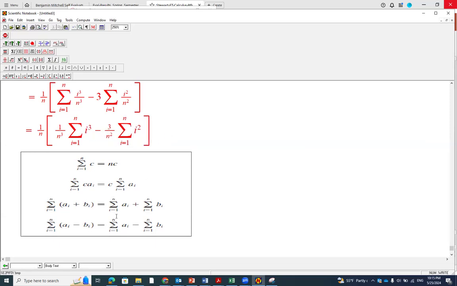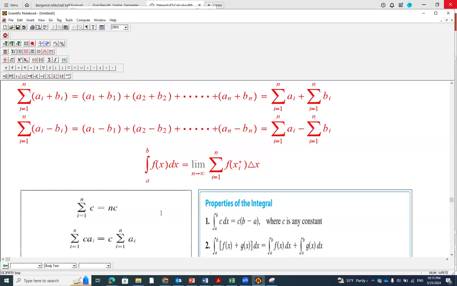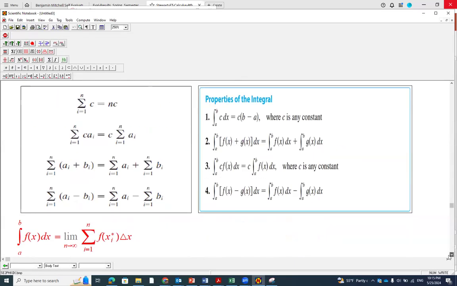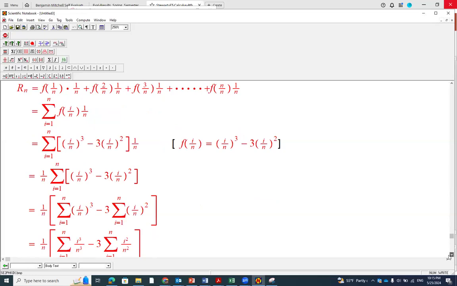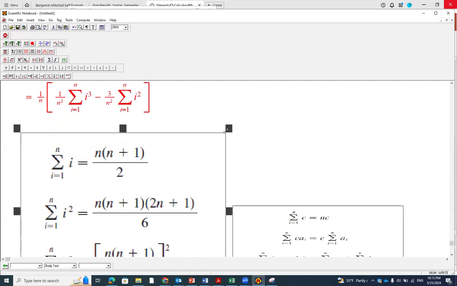And what are these? Well, we just saw some formulas right before this. So what are the formulas? These formulas are going to be useful for our case.